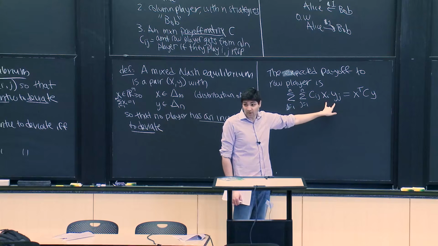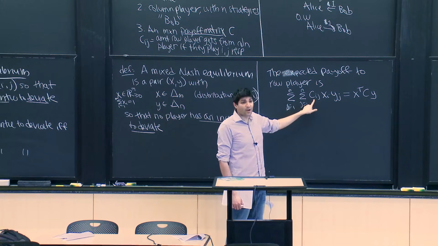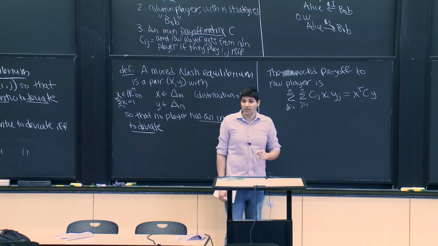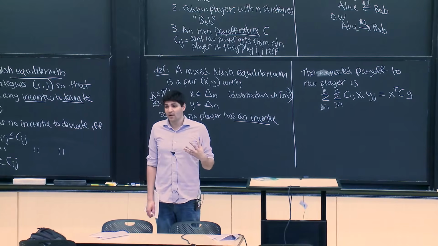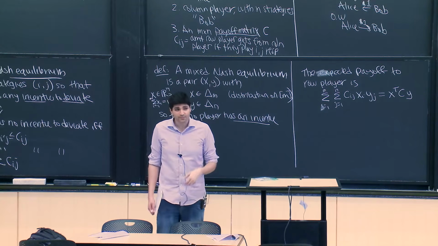They sample their strategies from their distributions independently. And then this is whatever the payoff would be. So this is just computing the expected winnings that Alice has. And in our case, it works out to a very nice expression in terms of vectors and matrices.